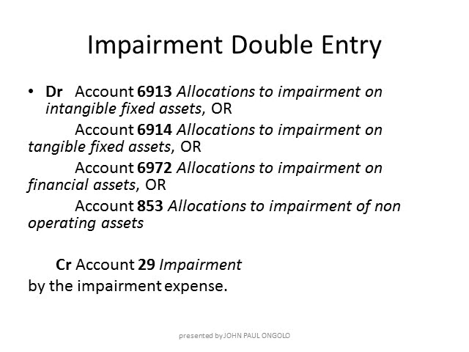So we debit the relevant account depending on the asset which faces impairment, and we will credit account 29 impairment by the impairment expense.